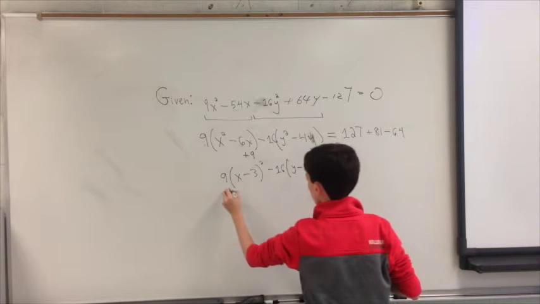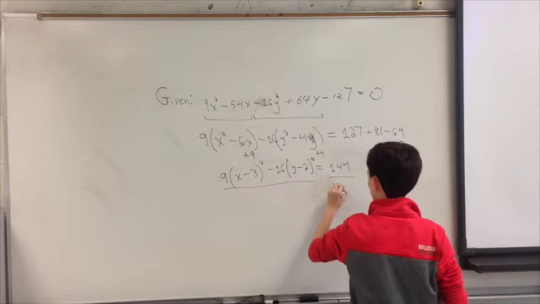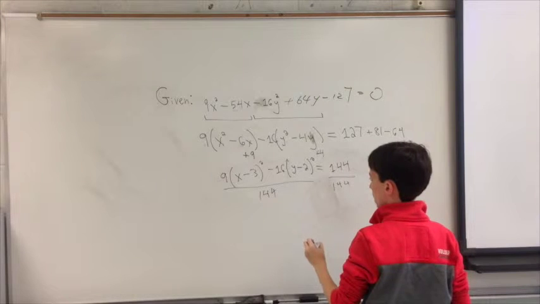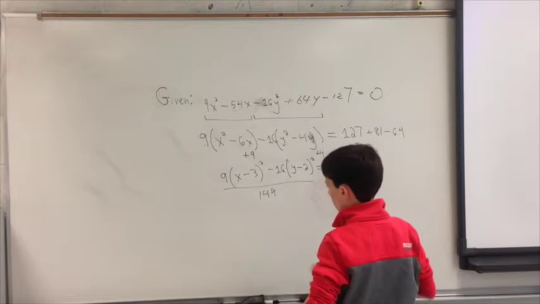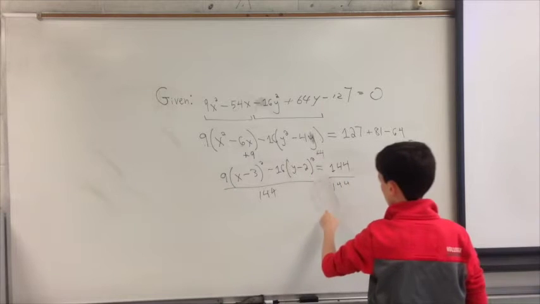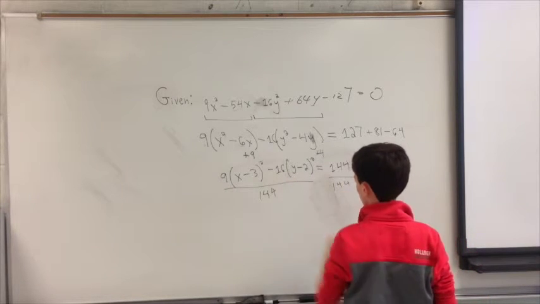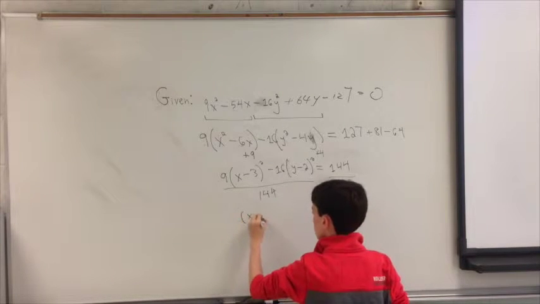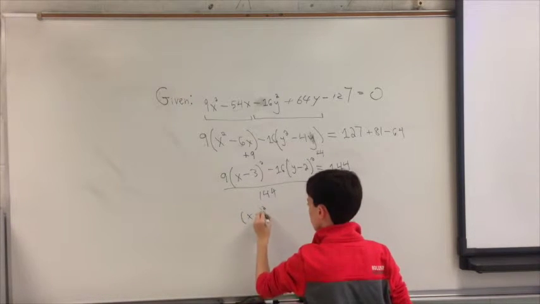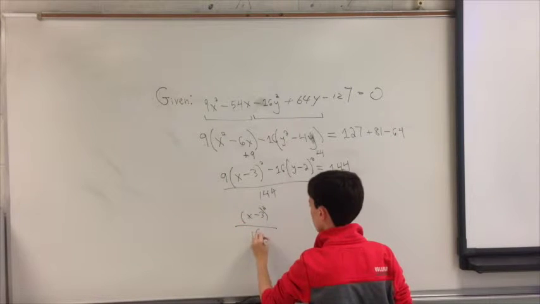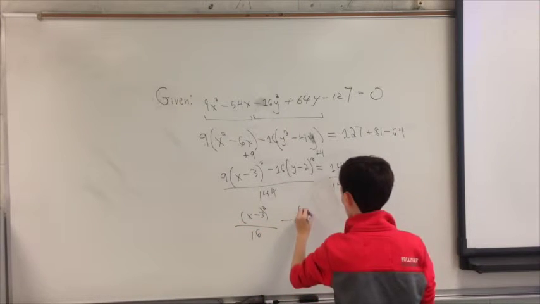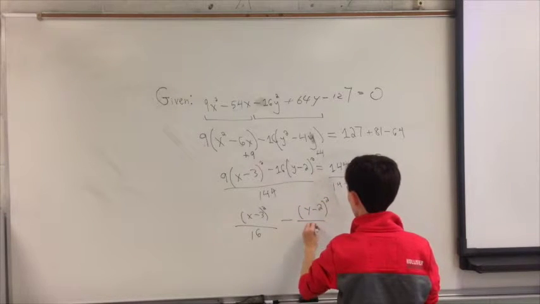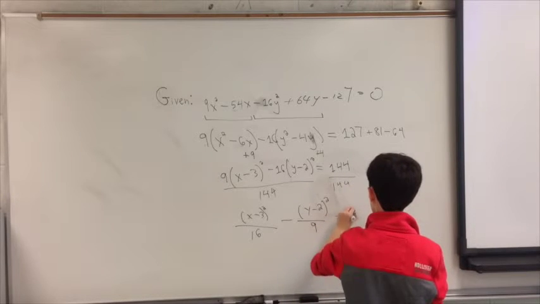So we are going to divide both sides by 144, and you end up getting that 144 divided by 9 is 16, and 144 divided by 16 is 9. So what you end up getting is x minus 3 squared divided by 16 minus y minus 2 squared divided by 9 is equal to 1.